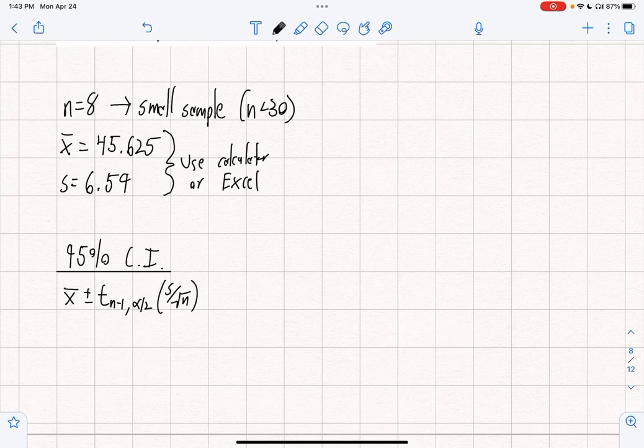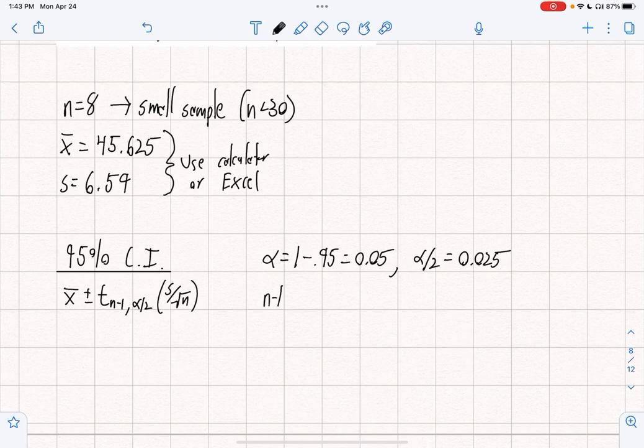If we want a 95% confidence interval, that means alpha is equal to 1 minus 0.95, which is 0.05. And so alpha over 2 would then be 0.025. Well, n is 8, so n minus 1 degrees of freedom would be 8 minus 1, which is 7. So we want to look up the value t with 7 degrees of freedom and 0.025.